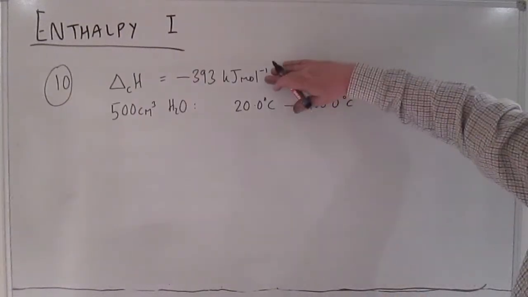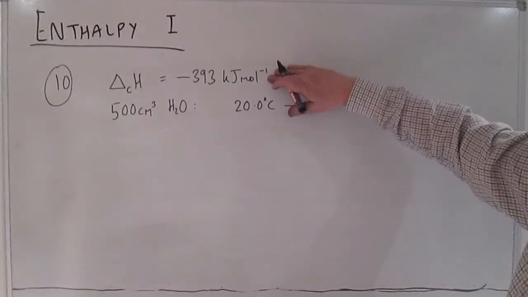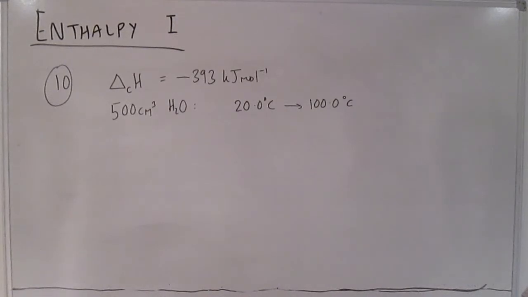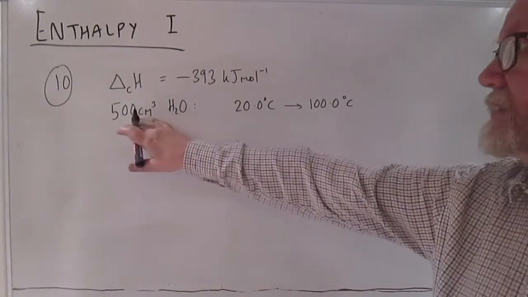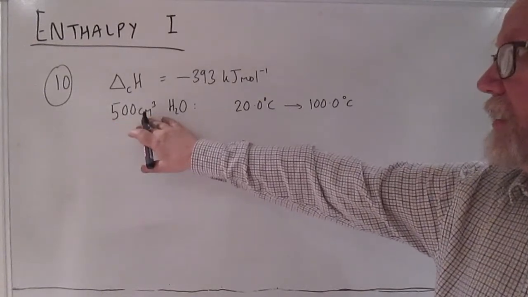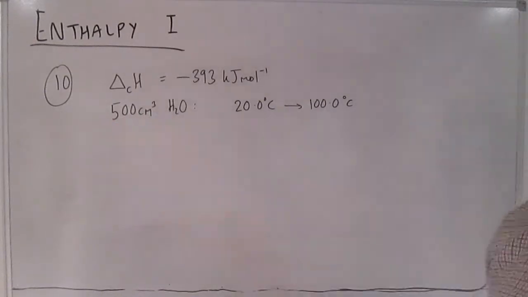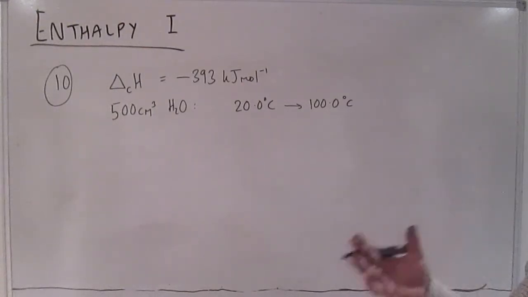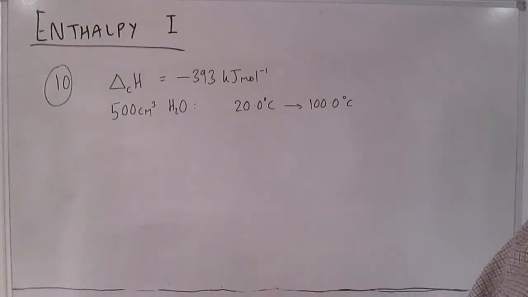In question 10, it gives us the delta H of combustion, and it gives us the volume of water and hence the mass of water that needs to be heated, and it gives us delta T, and we have to work out how much carbon has to be burnt in order to achieve that temperature rise.